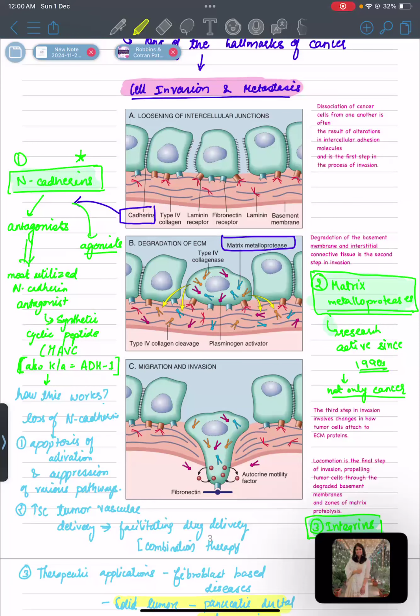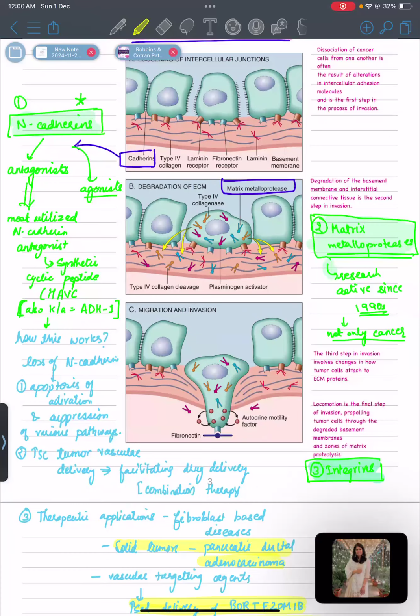The second step is degradation of the extracellular matrix by MMPs or matrix metalloproteases. And there is a wide family of matrix metalloproteases. These basically make a pathway for the cell to move into the extracellular matrix and then go into the lymphatics.